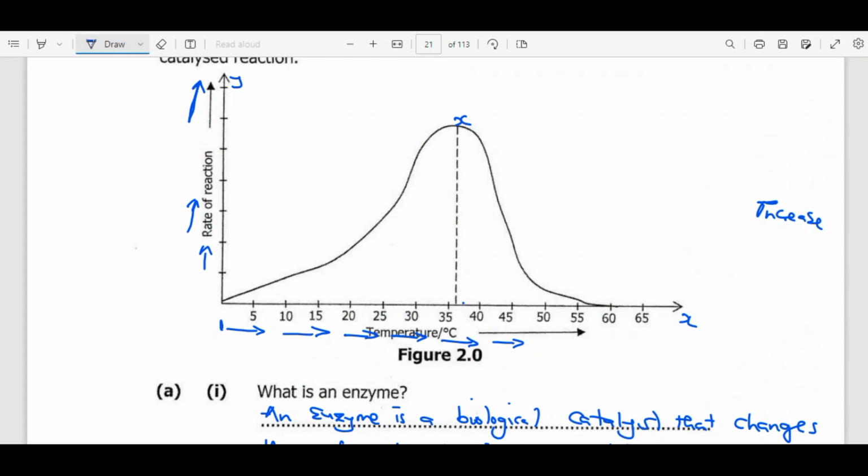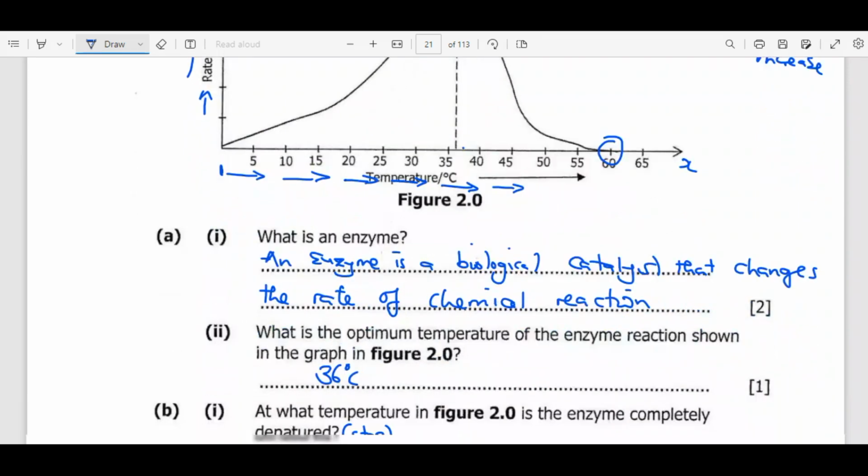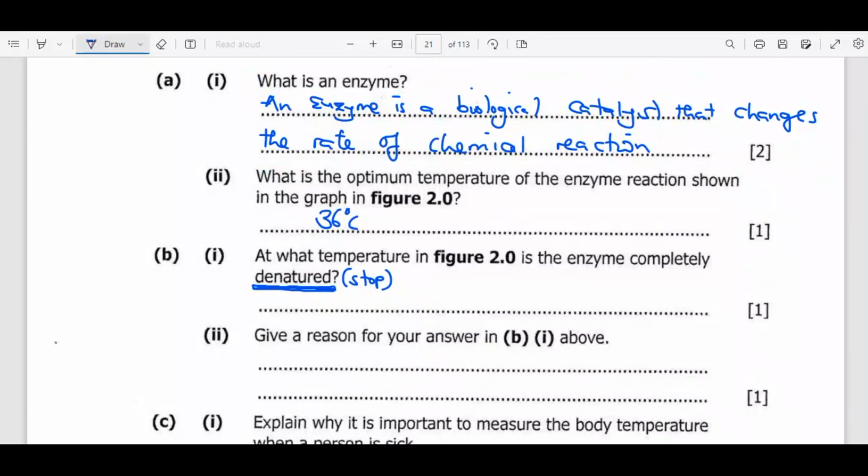As the temperature increases, it also rises, and then it reaches an optimum point, which is 36 degrees. After that, when the temperature kept on increasing, it started to denature, meaning that it had to stop the function, so the reaction started coming down until it reached this point where it had to stop. So the answer there is 60 degrees Celsius.